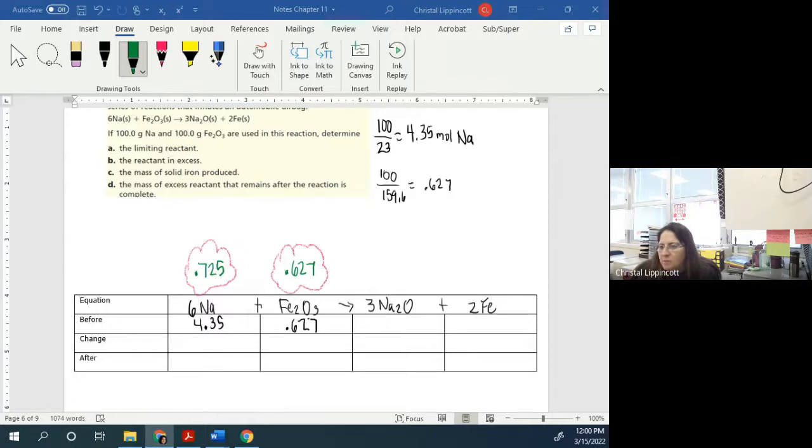Which cloud do I keep? Sodium or iron oxide? Iron oxide, right. So I'm going to get rid of this guy. He's going to go away, and I'm going to use this for all of my work from here on out.